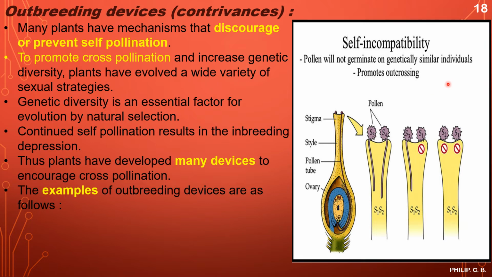As we just learned in the beginning part of this chapter, self-pollination takes place, but there are certain plants which do not allow or promote self-pollination, and rather promote outcrossing or cross pollination.